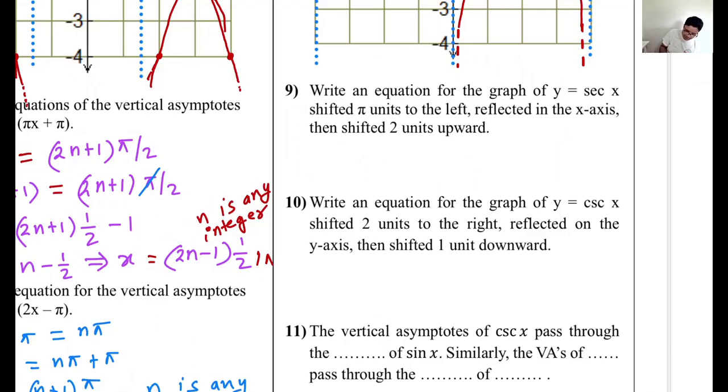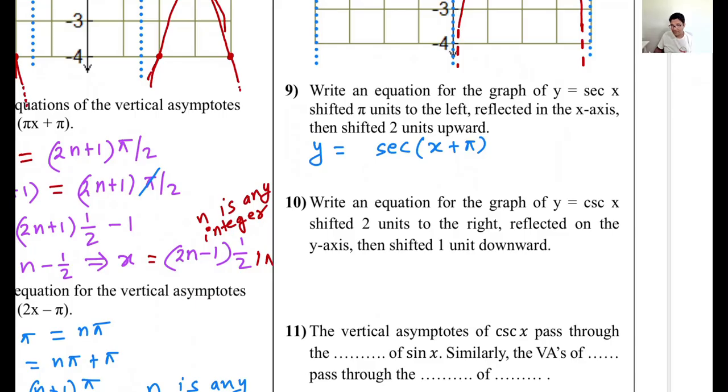Let us start writing from the beginning and we will see what updates need to be made. Pi units to the left, that is a horizontal shift. If you shift to the left, you are adding pi to the phase shift, plus pi.